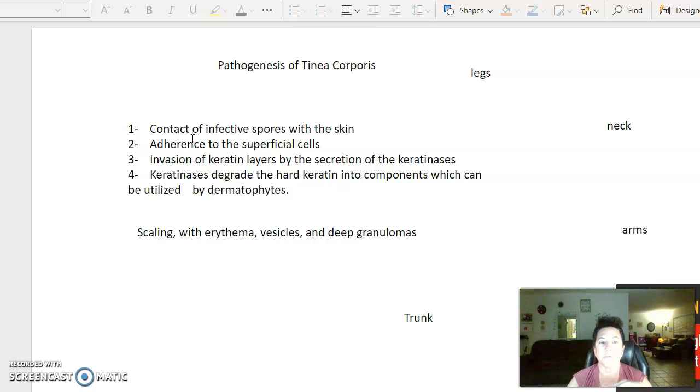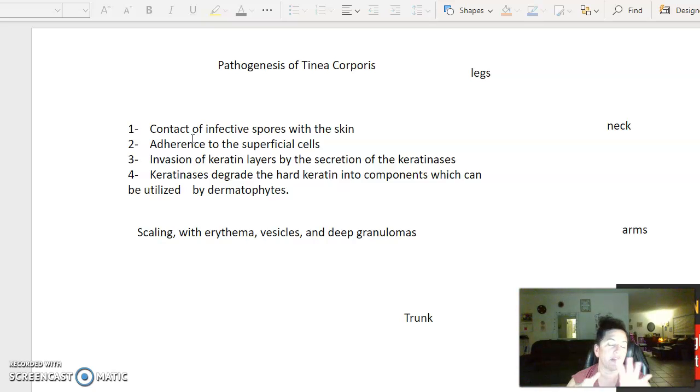Number 2, the adherence to the superficial cells occurs. Number 3, the invasion of the keratin layers by the secretion of keratinases, those enzymes that I was talking about. And number 4, the keratinases degrade the hard keratin that we find in nails into components which can be utilized by those dermatophytes.